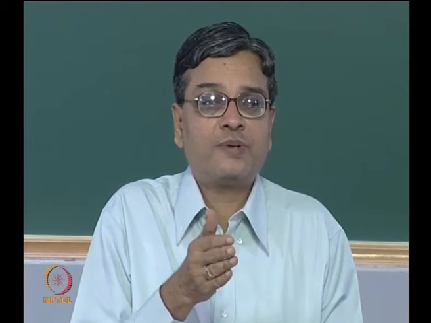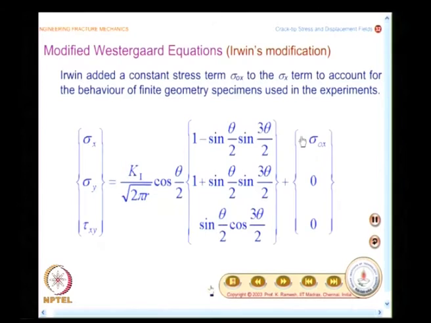So, in order to compensate for whatever the experiment that they did, which was uniaxial loading, he added this based on simple arguments, not with great mathematical development. What he did was he simply added a second term in the series. The second term contained only correction to the sigma x stress term, which is a constant value, the other two values are 0.